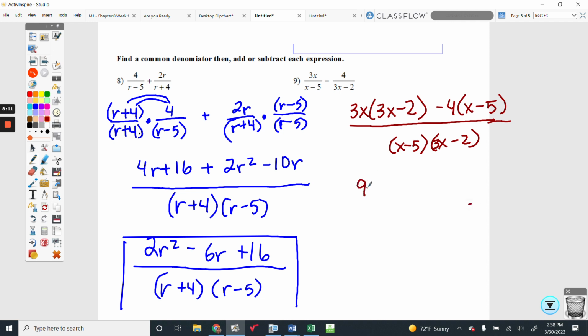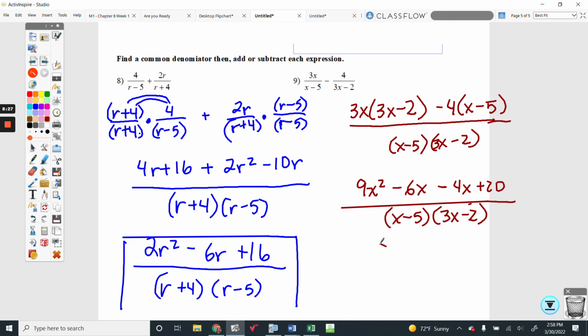I distribute, we'll again be doing this together later, minus 6x minus 4x plus 20 all over x minus 5 parentheses, 3x minus 2 parentheses, and this becomes 9x squared minus 2x plus 20 all over my denominators.